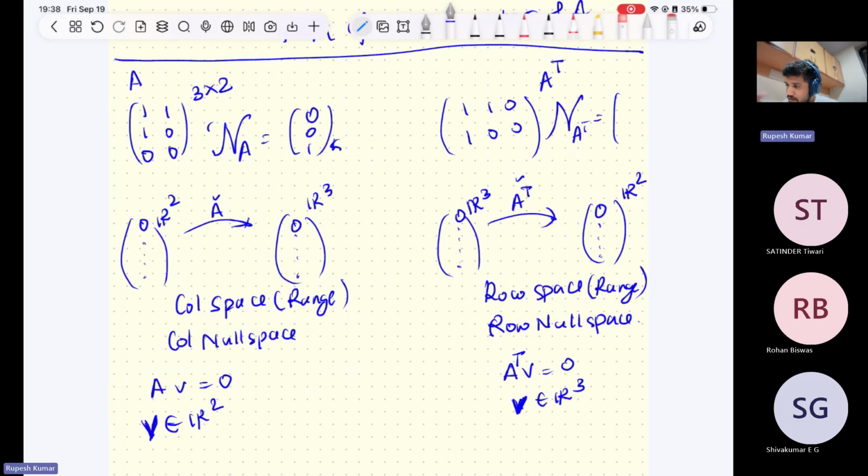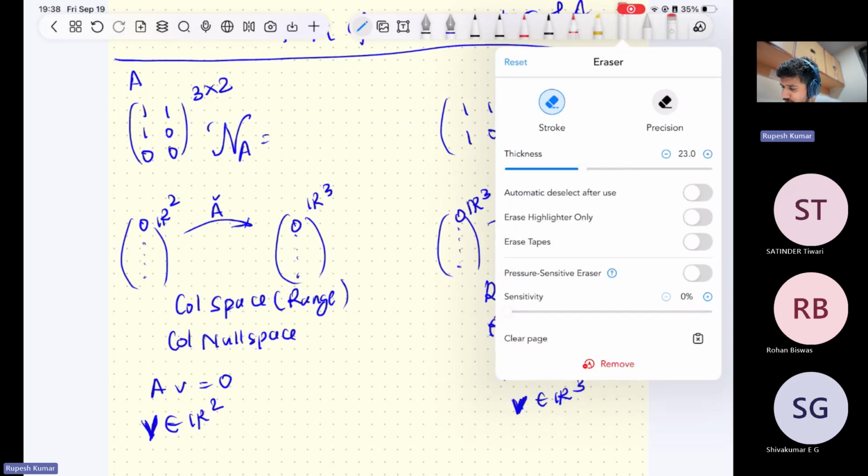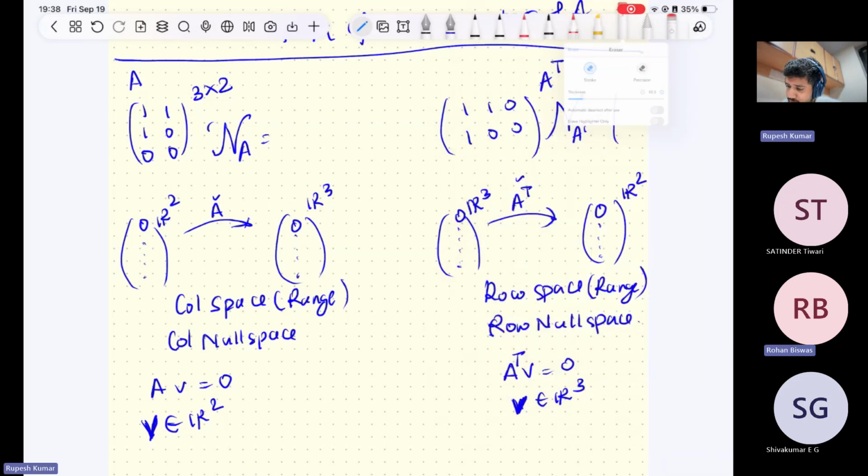Yeah, so it's a full rank matrix, right? Let's make it non-full rank, so the matrix will be 0, 0. I don't know why I'm always writing full rank. Okay, let's make it full rank. Now I'm happy with this.